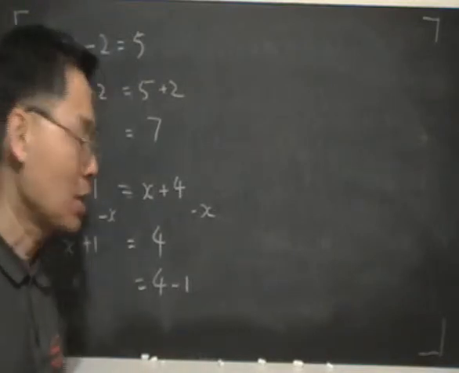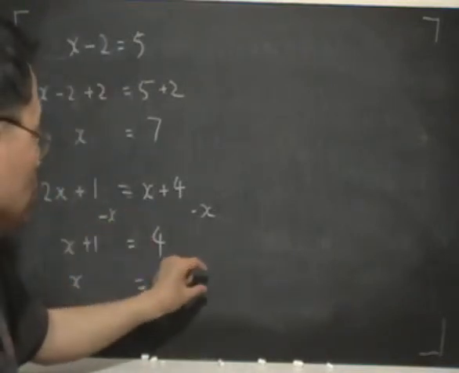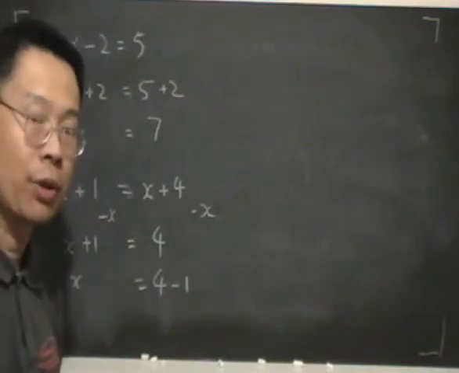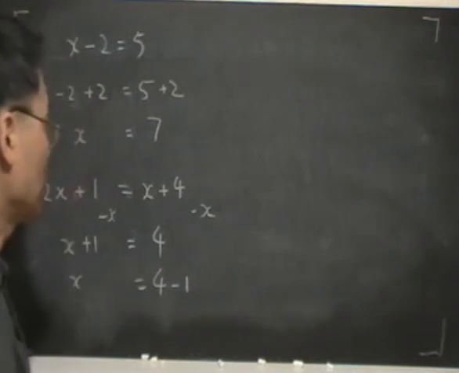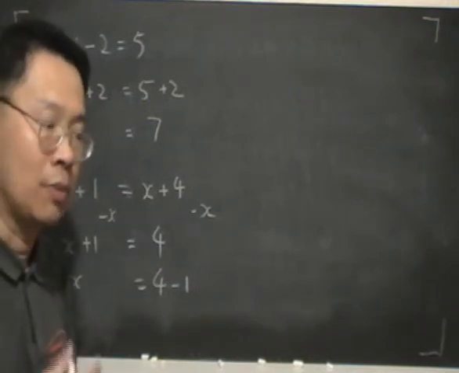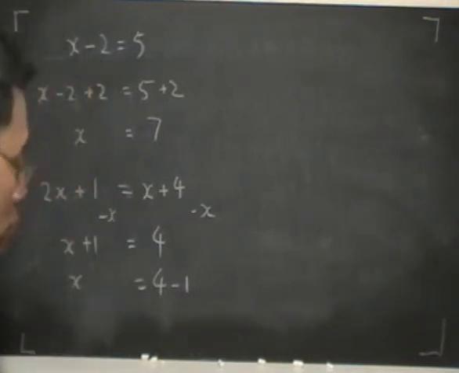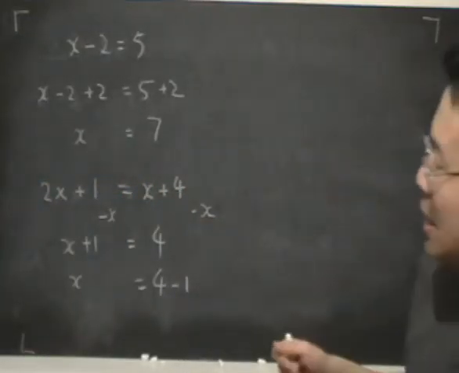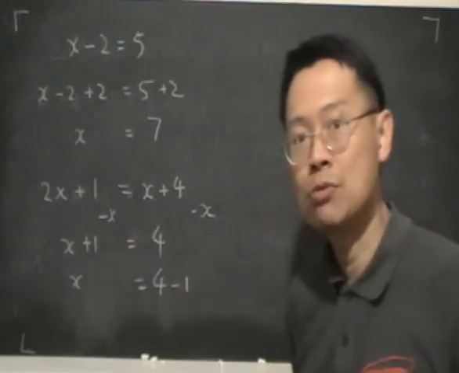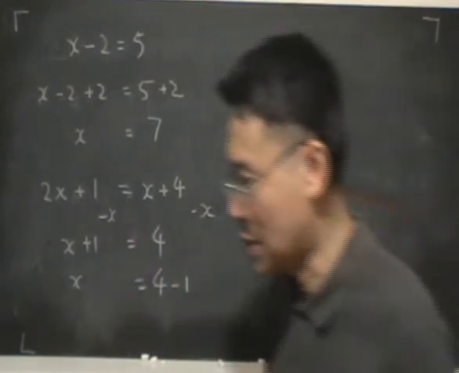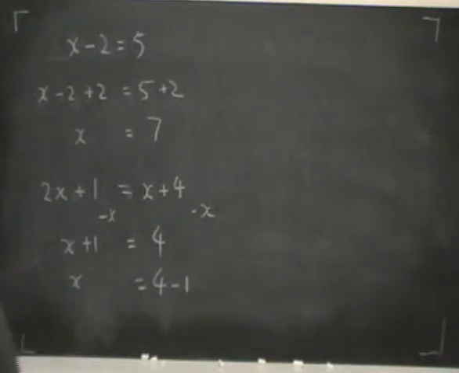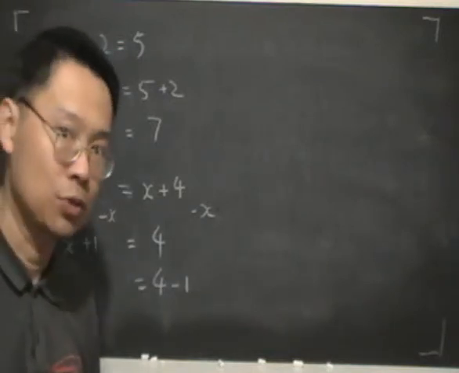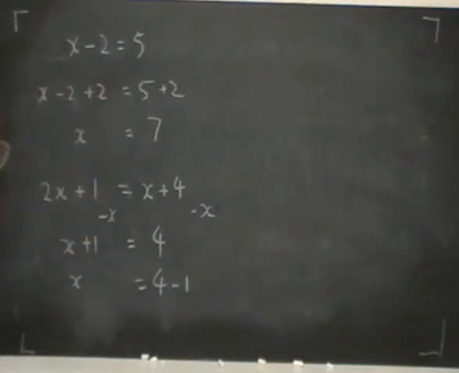Of course, you can also think about it as moving 1 from there to there and then the sign changes. That would also work. But I do have many students who simply remember this rule without understanding that they are really subtracting 1 from both sides. And the trouble with this is that when the equations get more difficult, they get quite confused.